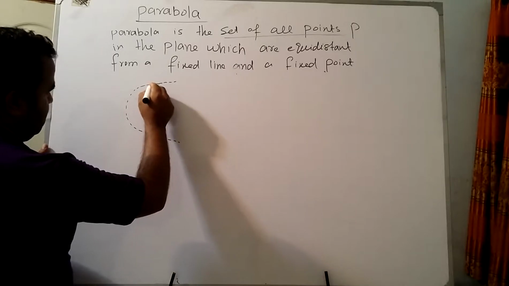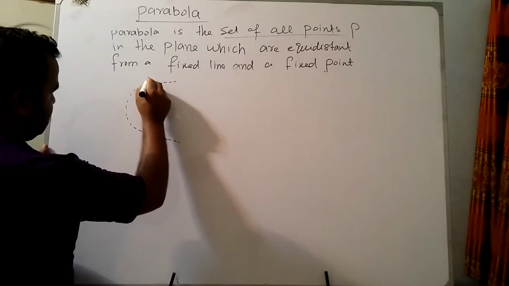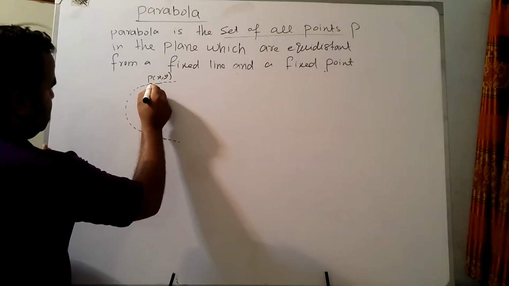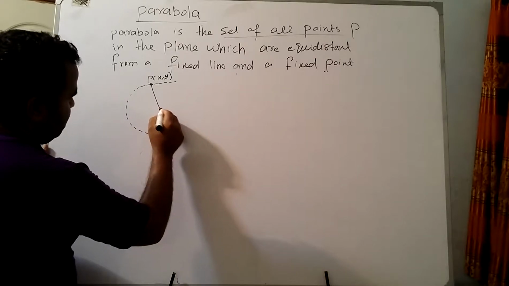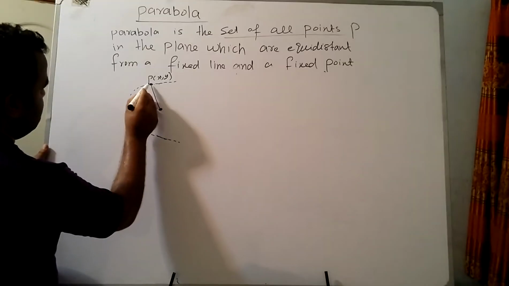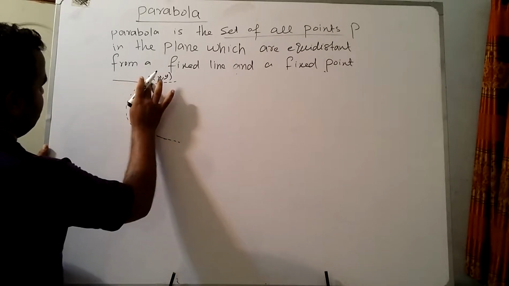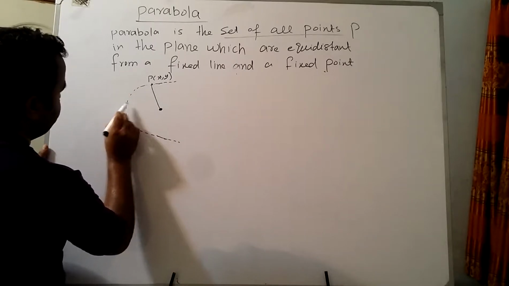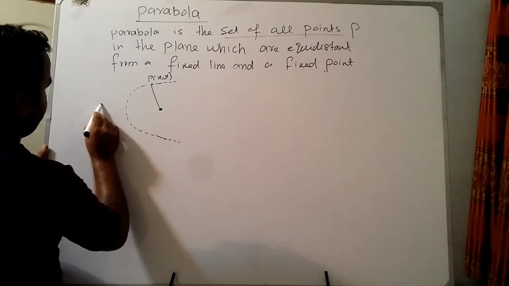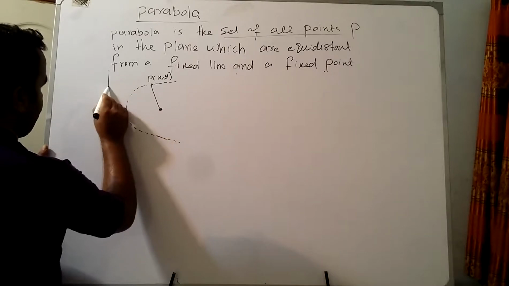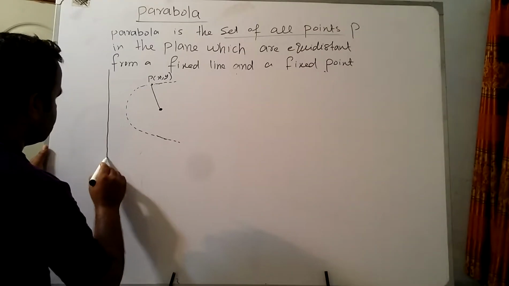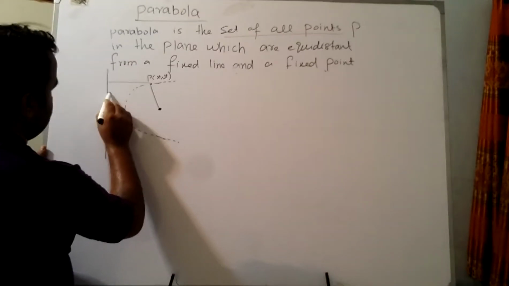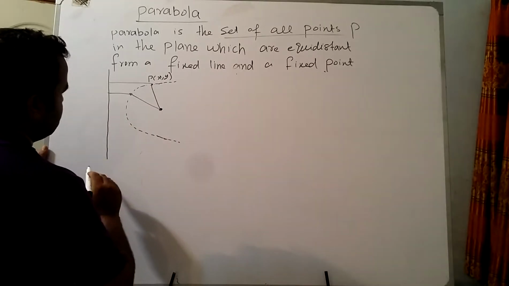A parabola is the set of all points P, just like if P is this one point x, y, whose distance from a fixed point and a fixed line is the same.